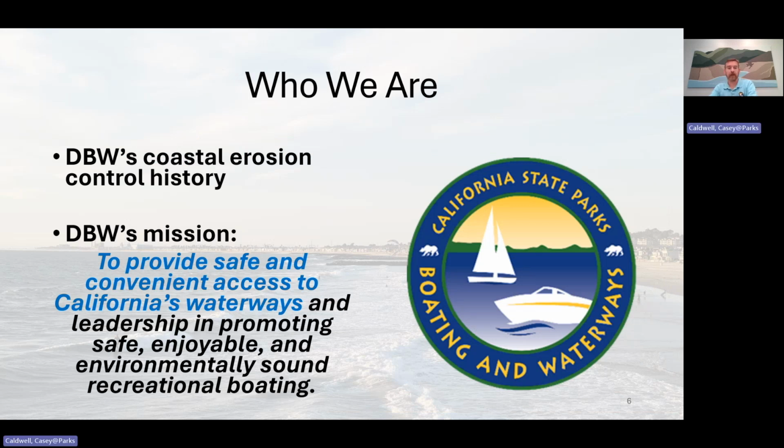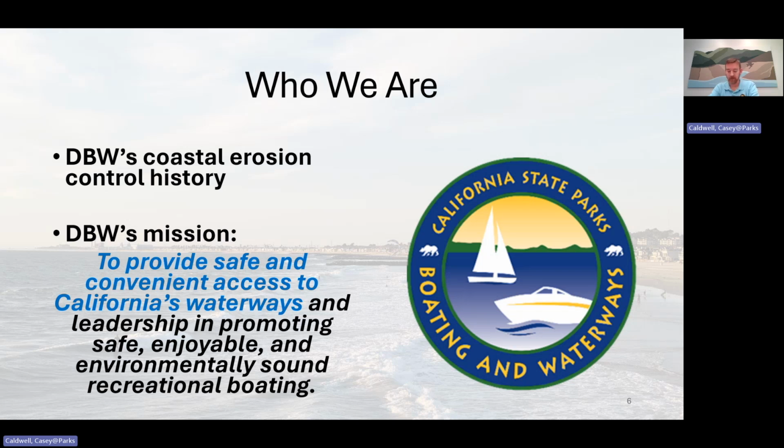And for those who are unfamiliar with DBW, I'll share some brief background about who we are. We were founded in 1957 as a division within the state's Natural Resources Agency, and we've gone through several renamings and reorganizations over the years. In 1969, one of those reorganizations assigned responsibility for statewide coastal erosion control to DBW for the first time.